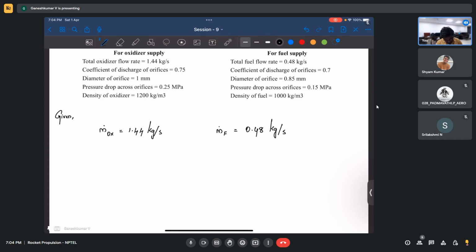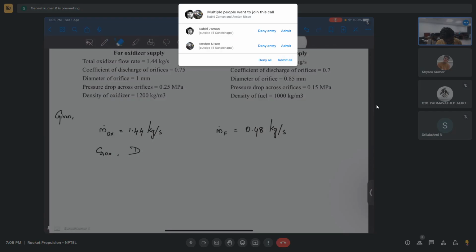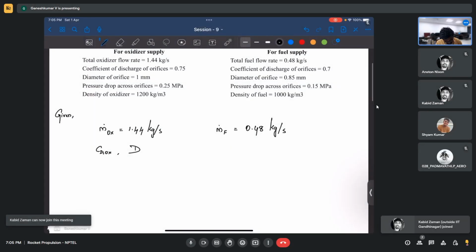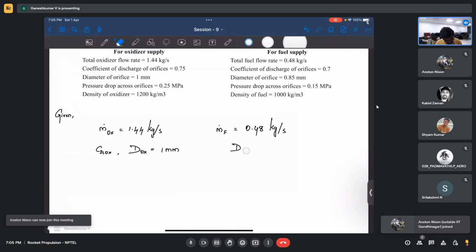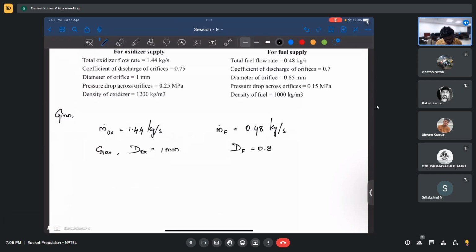Then we have CD of oxidizer, and the diameter of the orifice in the oxidizer injector, which is 1 mm, and similarly the diameter of the orifice in the fuel injector, which is 0.85 mm.